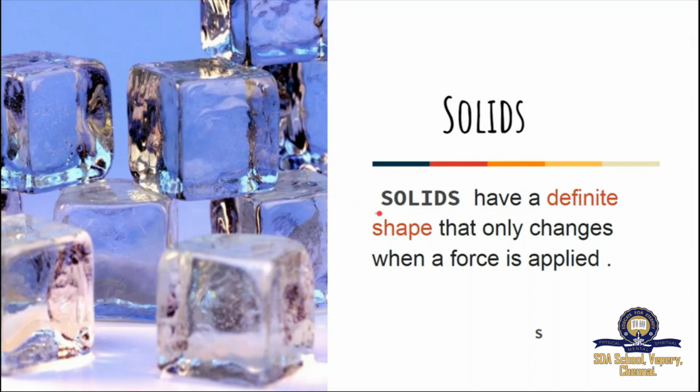Solids have a definite shape that only changes when a force is applied. Examples of solids are wood, stone, sand, iron, study table, sugar cubes, glass, etc. Ice is a solid as well, but when it melts, it becomes liquid.